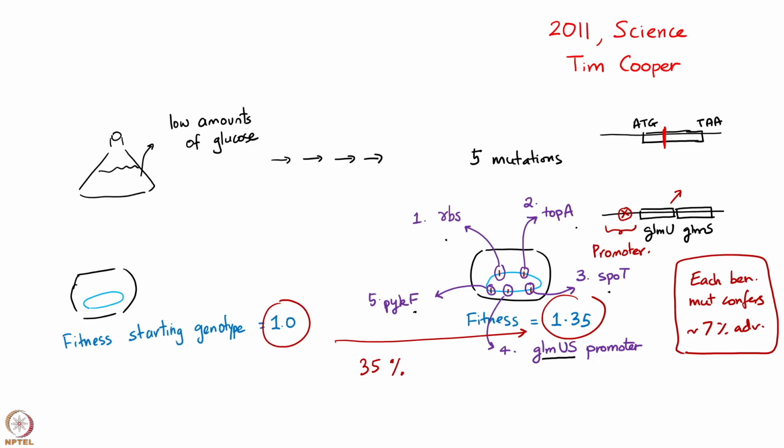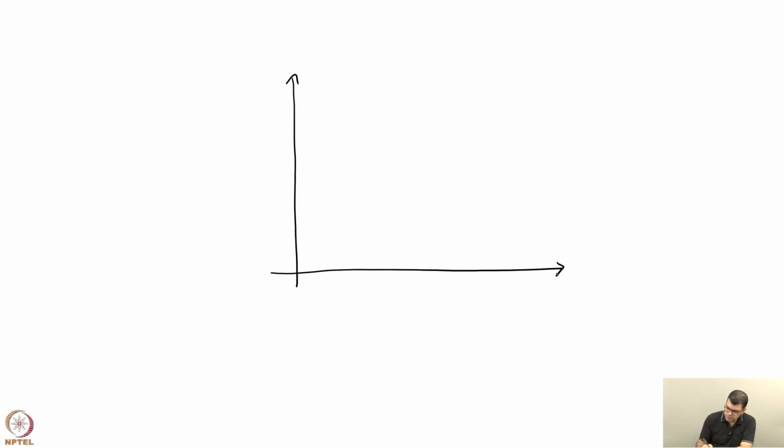Okay. So, as we did in the previous study, we are going to look at adaptive paths which are accessible or not accessible. The same idea flows: this is the number of mutations, this is the ancestor which carried 0 mutations, the ancestor that I started with, and this is the evolved strain which carried 5 mutations.